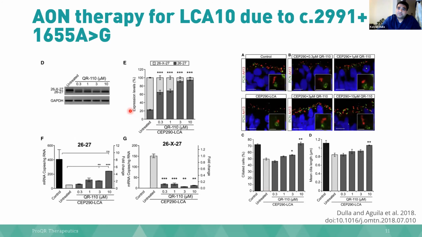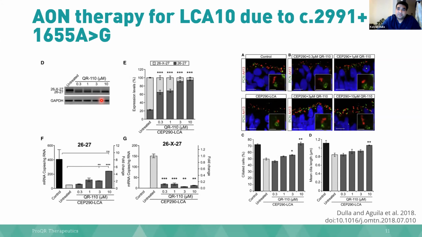So we at ProQR are working on an AON therapy for LCA10 due to this mutation. This AON is called QR-110 and is currently in clinical trials. As the group of Mike Cheetham modeled LCA10 in retinal organoids, we jumped onto this opportunity and used them for the investigation of QR-110.